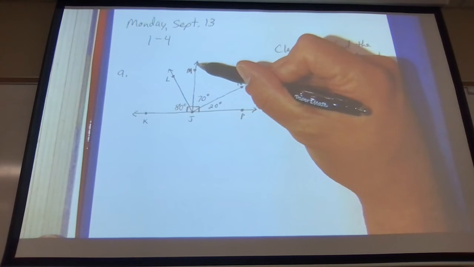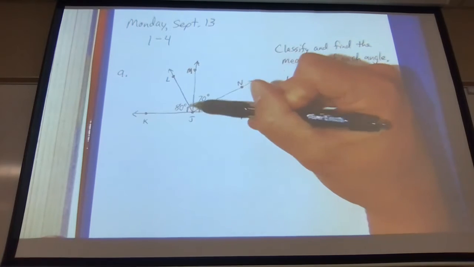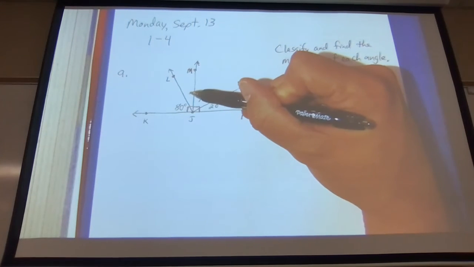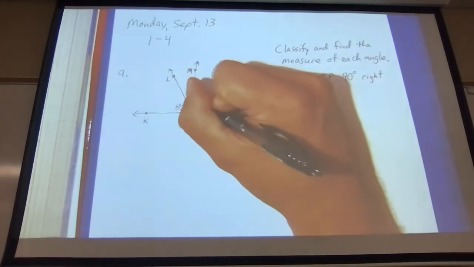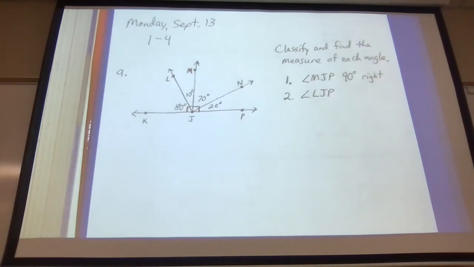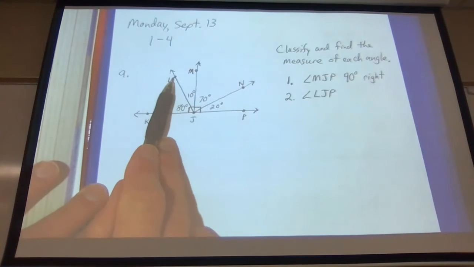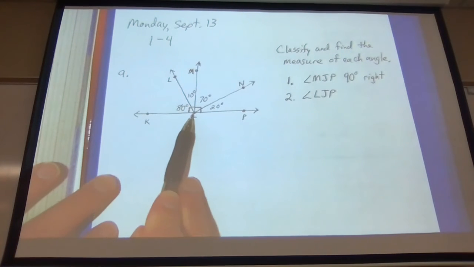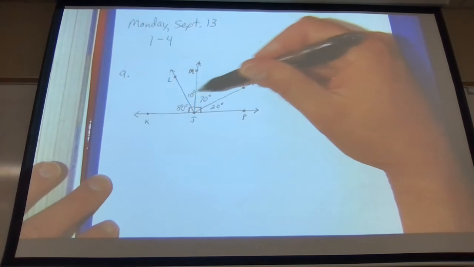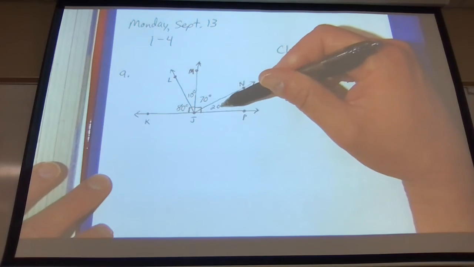Now, the part we're missing right now is angle MJL. If MJK is 90 and LJK is 80, what's that leave you for this little angle? 10. That's going to be 10. So now if I want to find the measure of angle LJP, starts at L, comes down here to point J, extends through point P, that's collecting the 10-degree angle, the 70-degree angle, and the 90-degree angle.